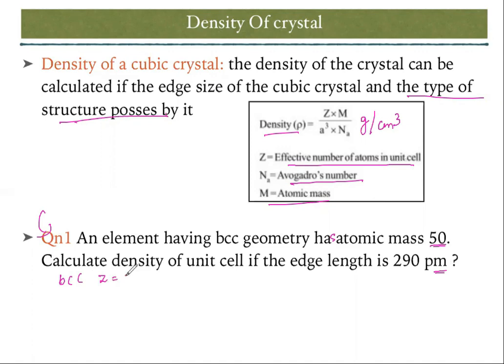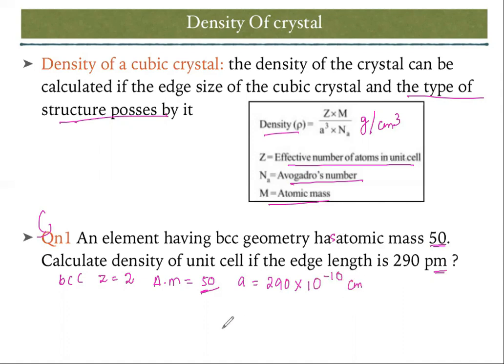We have already calculated, that is 2. Atomic mass is given, 50 gram. Edge length a is 290 picometer, so we have to convert that into centimeter: 290 × 10⁻¹⁰ centimeter.